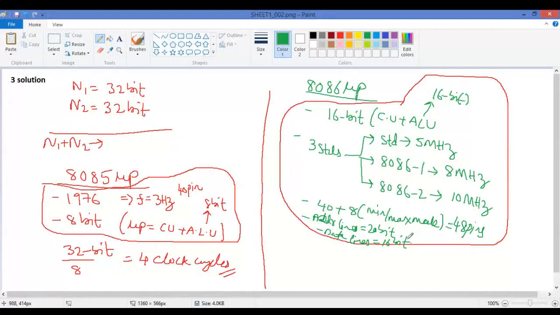These are very important things. So from this information, we know that for adding two 32-bit numbers, the size of the ALU is 16, so it will take 2 clock cycles. Understood, all of you? Any question?